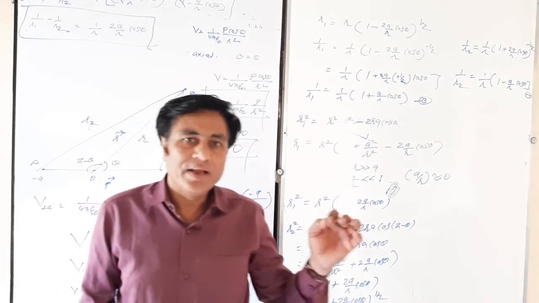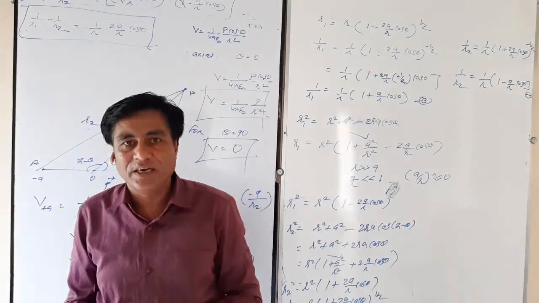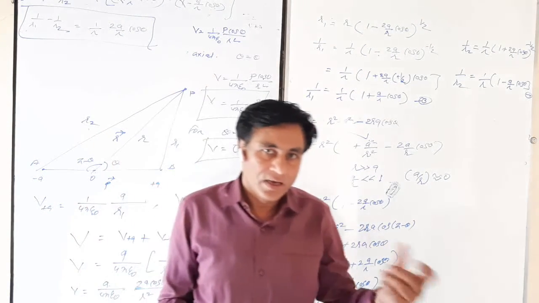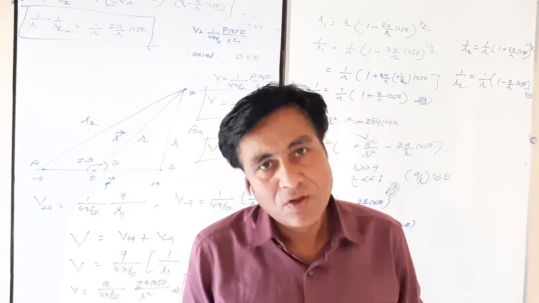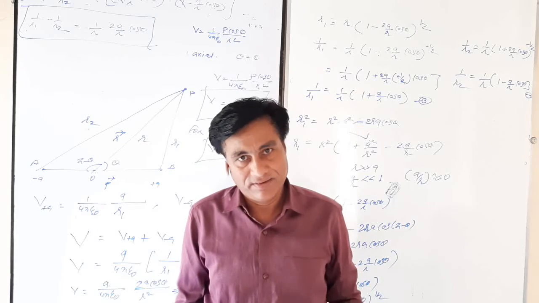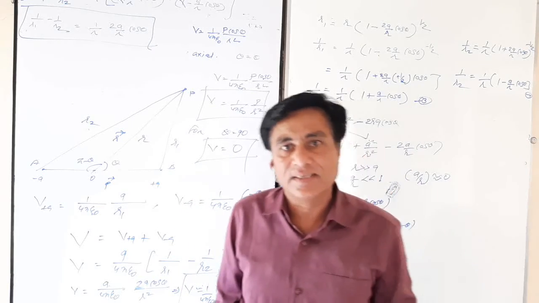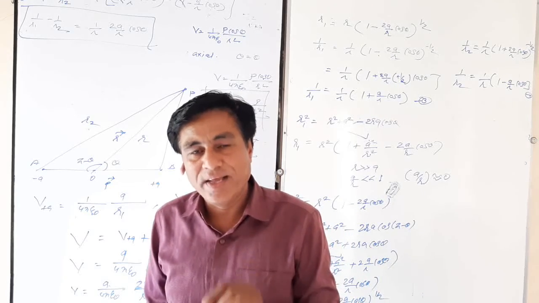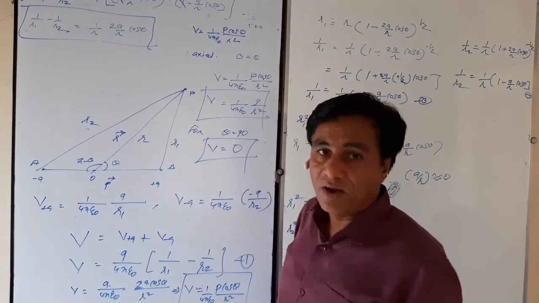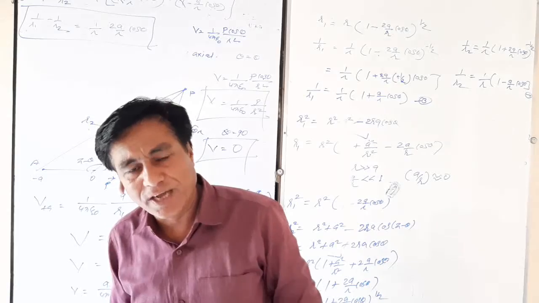Work done in bringing a unit positive charge from infinity to that point of the electric field is equal to the potential of that point. The unit is volt: if 1 joule of work is required in bringing 1 coulomb of charge from infinity, it means 1 volt potential at point P. We calculated the dimensional formula, and now V at axial and equatorial due to a dipole.